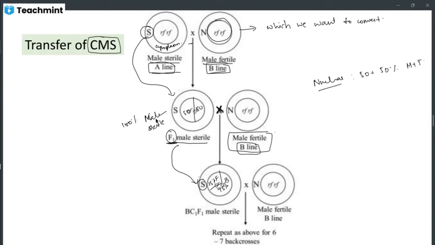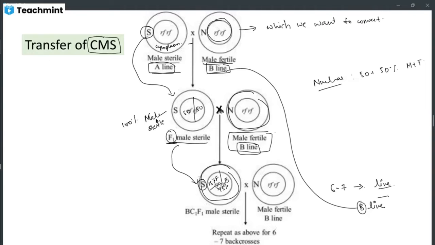So if you go on backcrossing this male sterile line with the line that you want to convert, after 7 to 9 backcrosses you will have a line which is very similar to your B line. But what will be the fertility status of this B line? It will be male sterile, right? So first it was 50%, next it will be 25 and 75%.